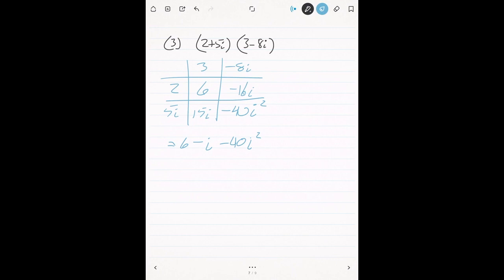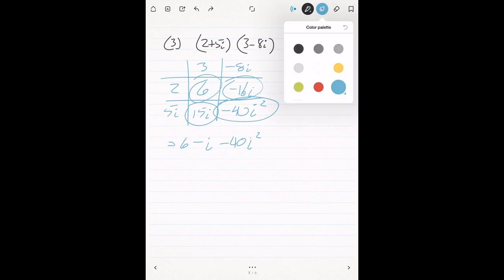All right, well, when we perform our distribution, whether it was the full horizontal distribution or the box method, we should end up with a 6, a 15i, and a negative 16i, which combine to negative 1i. And then we should end with a negative 40i squared. But keep in mind, this is not in the form of a complex number. It's not fully simplified.